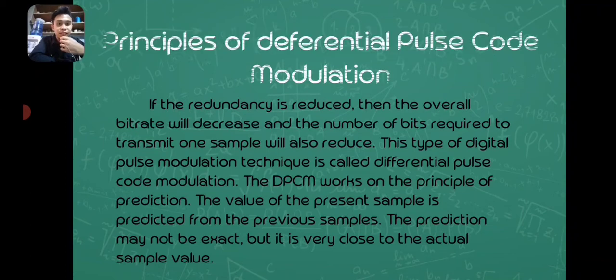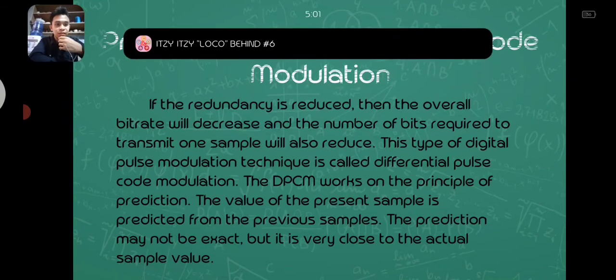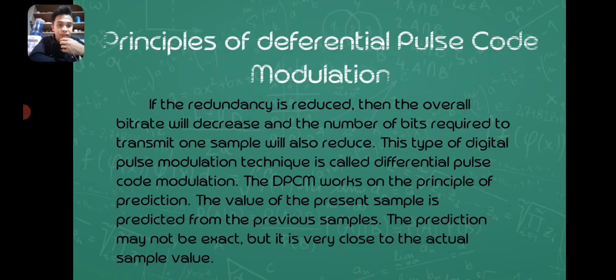This type of digital pulse modulation technique is called differential pulse code modulation. DPCM works on the principle of prediction. The value of the present sample is predicted from the previous sample. The prediction may not be exact, but it is very close to the actual sample.